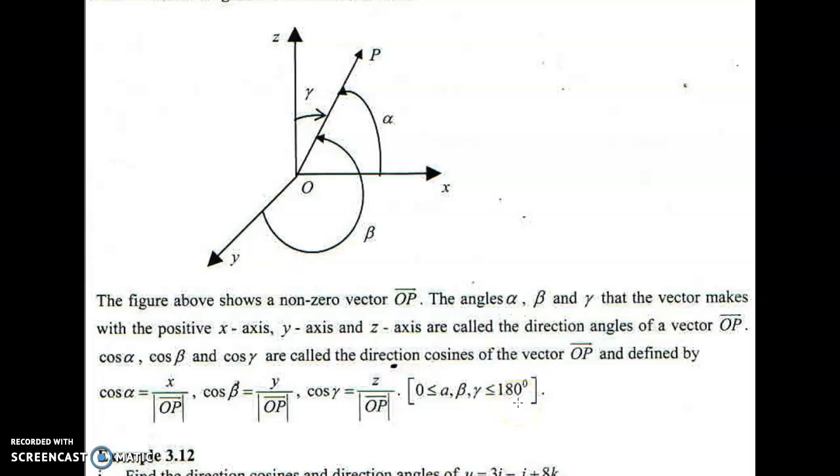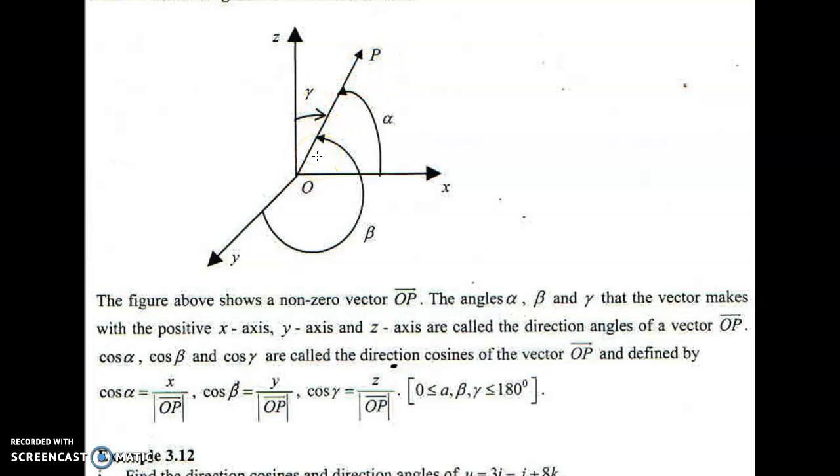Okay, let's see why it is like that. Remember, alpha, beta and gamma are the angles from each of the positive axes, where we have x, y and z positive, from the vector.